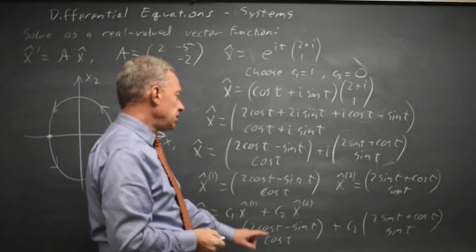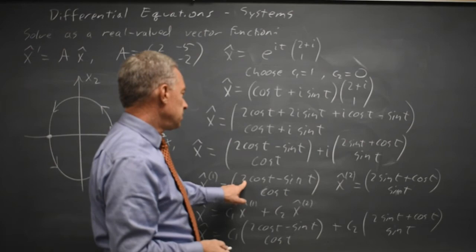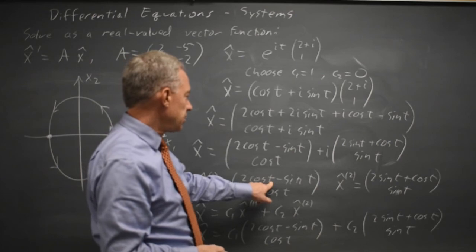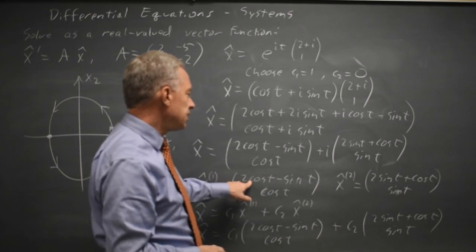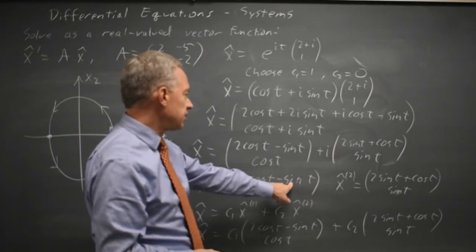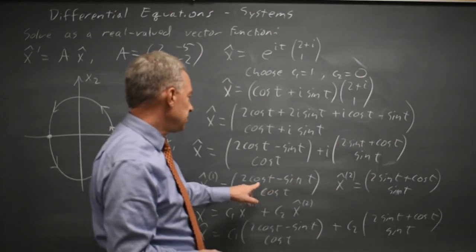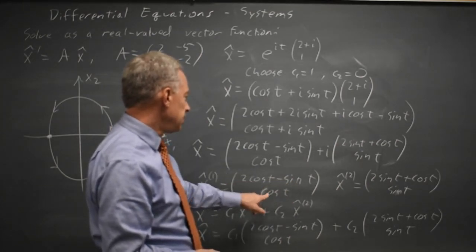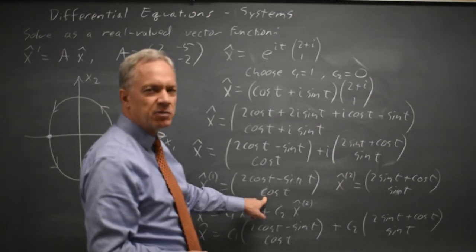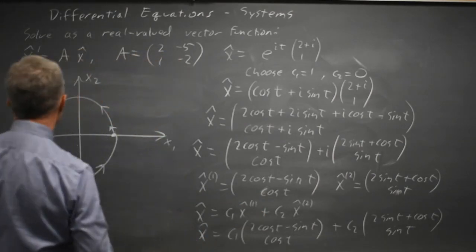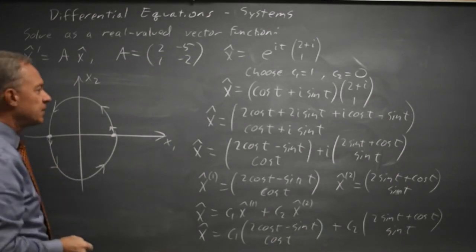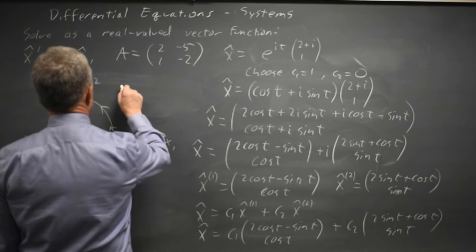If t is slightly bigger than pi over 2, my cosine becomes a small negative number, and my sine is still near 1, so a negative number minus something close to 1 is still negative. So my x1 will be negative near 1, and my x2 will be the cosine of something just a little bigger than pi over 2, which is negative, so I'm moving into quadrant 3. The direction of arrows I showed from here is the same as the direction over here. I spiral counterclockwise.